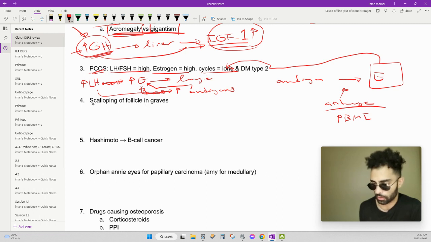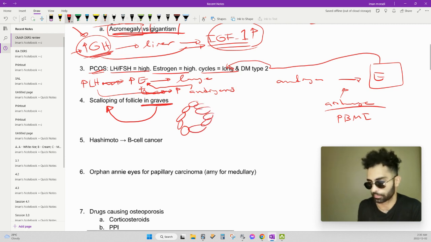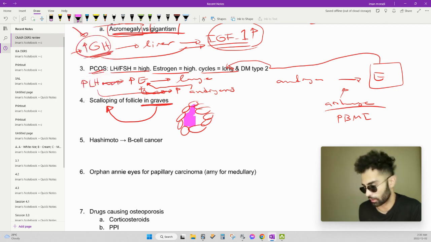Fourth concept, a relatively short one: Graves' disease, one of the more high-yield diseases we've encountered so far, comes up in every endocrine lecture, every endocrine module. What you see under the microscope is scalloping of the follicle. If this is a follicle, these cells, under histology, are all connected together, and there is a pink hue in the middle, right?